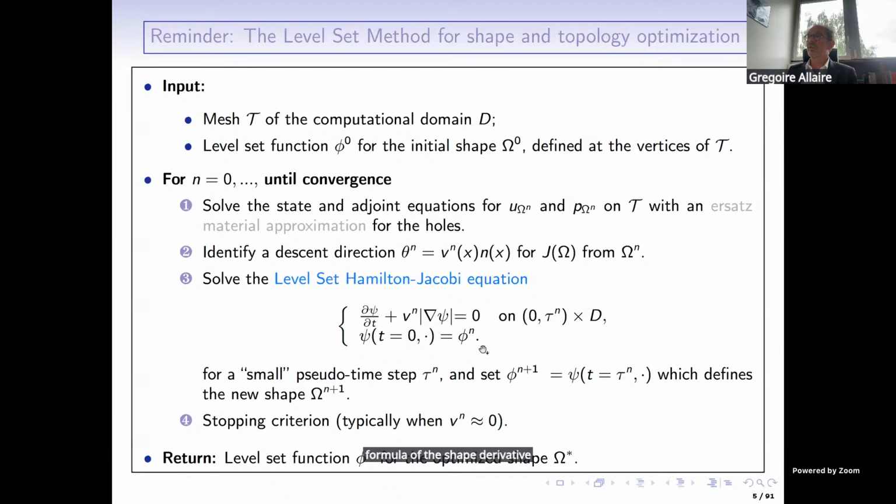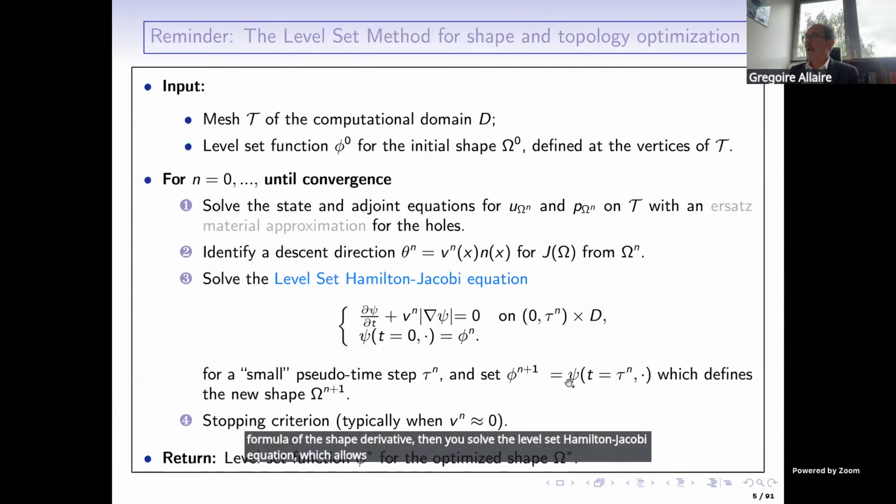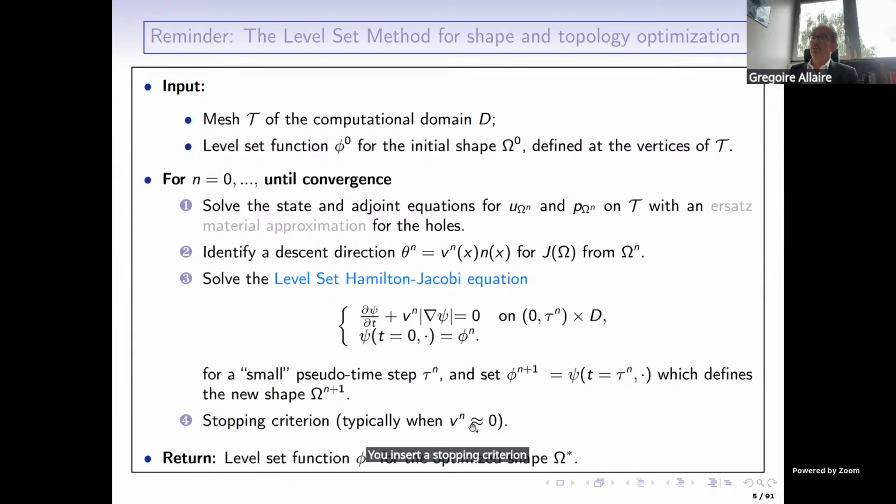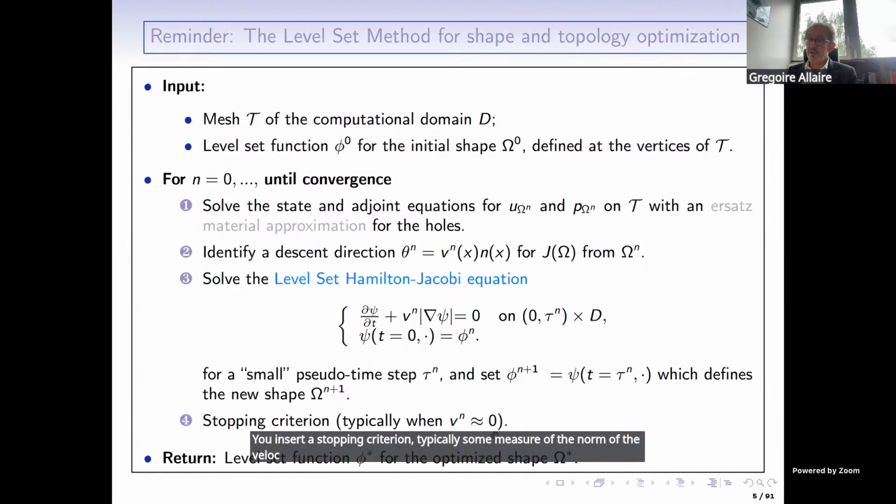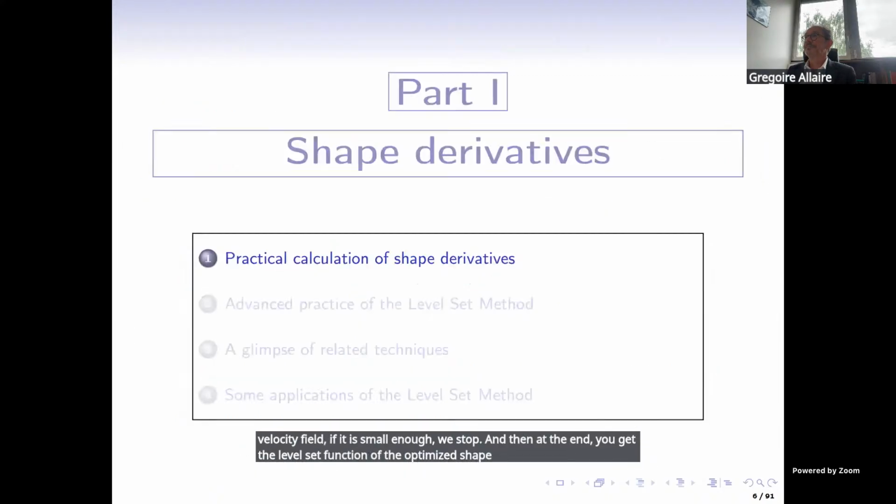Then you solve the level set Hamilton-Jacobi equation, which allows you to advect the previous level set phi n to define a new level set phi n plus 1. That defines your new shape omega n plus 1. You insert a stopping criterion, typically some measure of the norm of the velocity field. If it is small enough, we stop. And then at the end, you get the level set function of the optimized shape omega star.